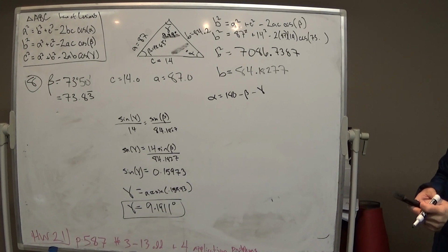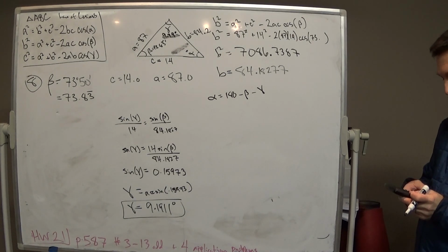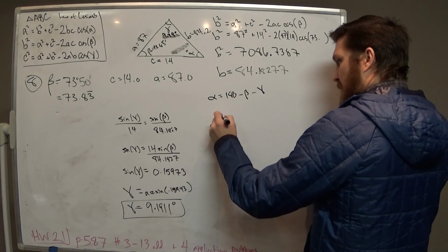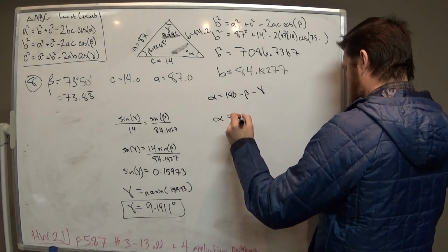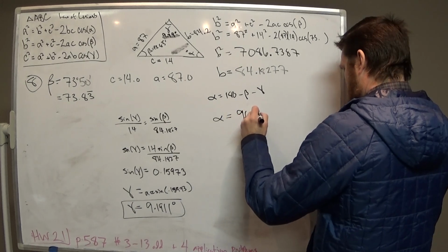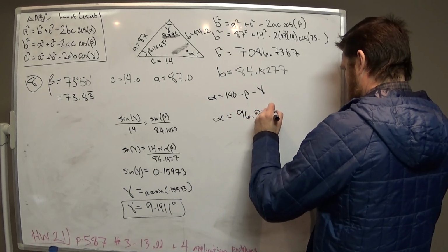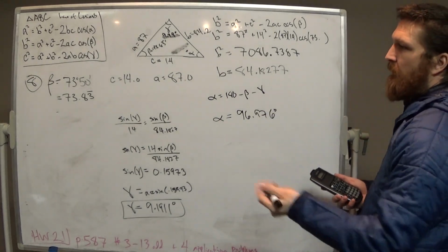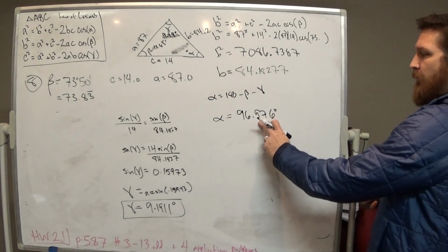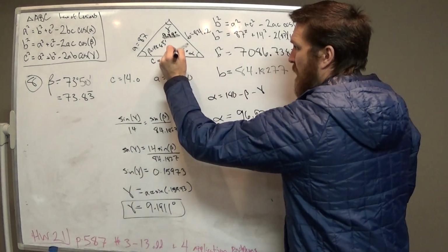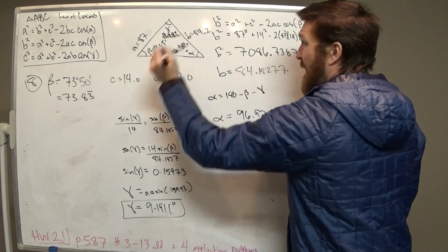Minus gamma was the one that I just got, which was 9.19. There it is. Alpha is equal to 96.975. Keeping it to 2 decimal places, that brings it up to 96.98. This is what I got last night.